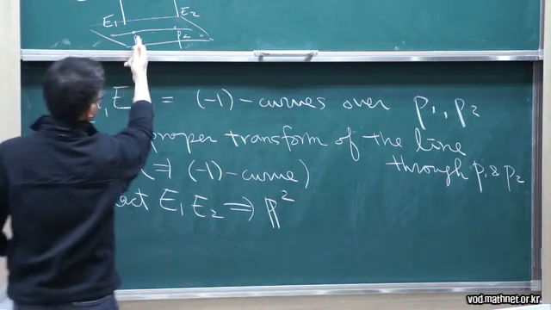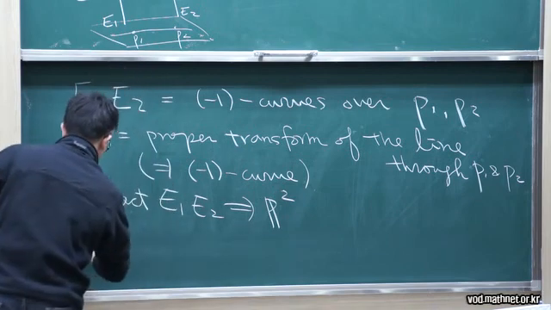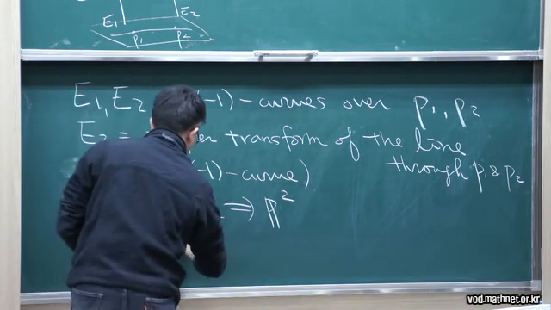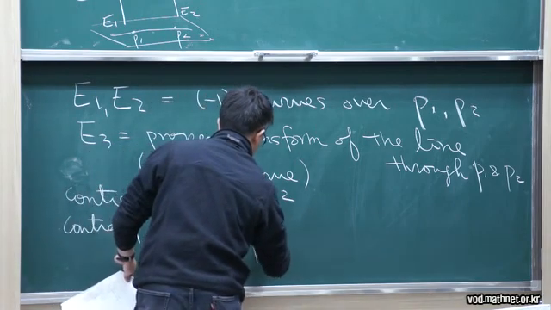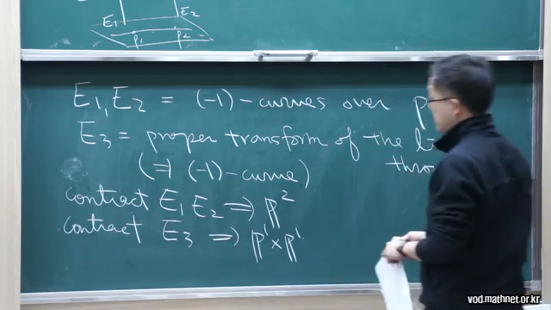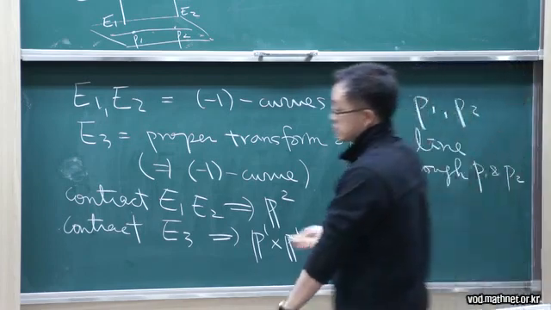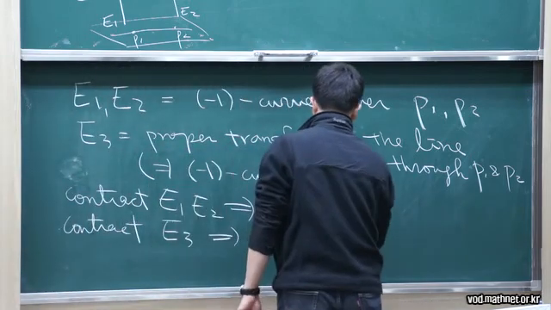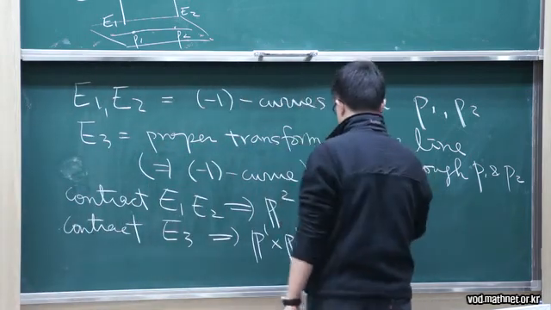But if you blow down E3, then you get P1 cross P1. Okay? So according to this definition, these two are minimal surfaces.